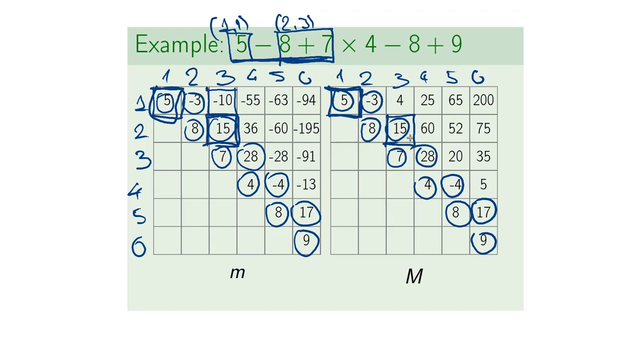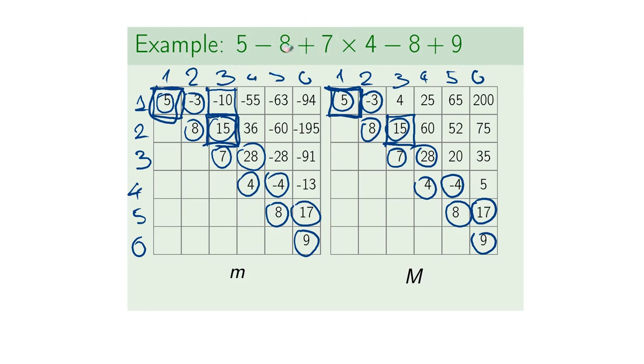So by going through all possible pairs of these maximum and minimum values, in this case they are all the same, we compute the minimum value, which is just 5 minus 15, it is minus 10. However, this was only the first case of splitting this sub-expression into two sub-expressions.